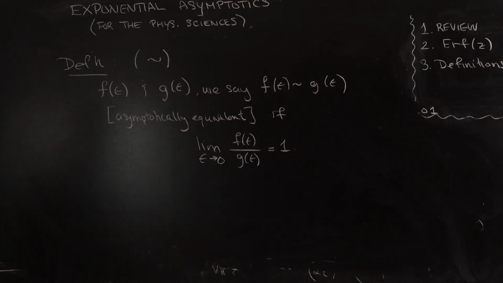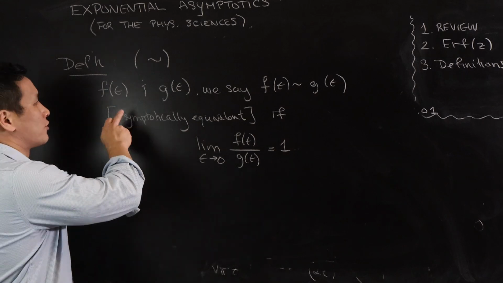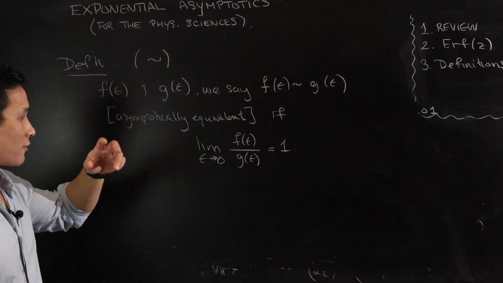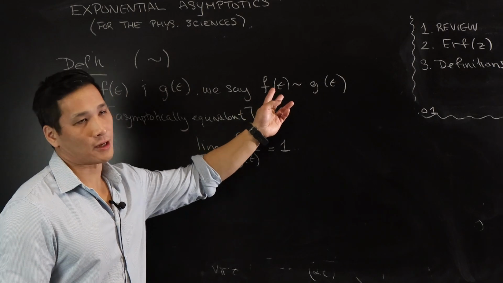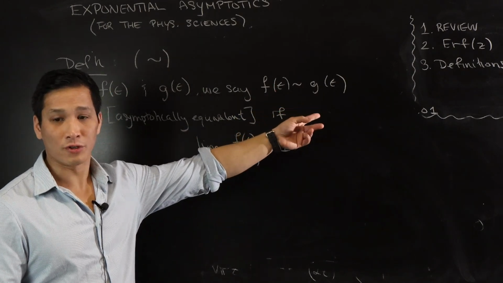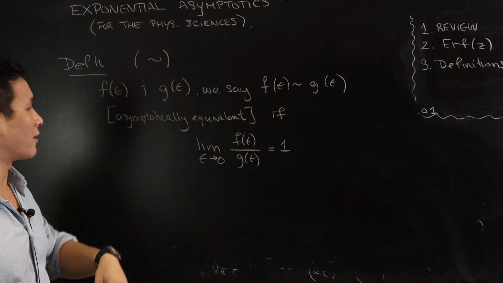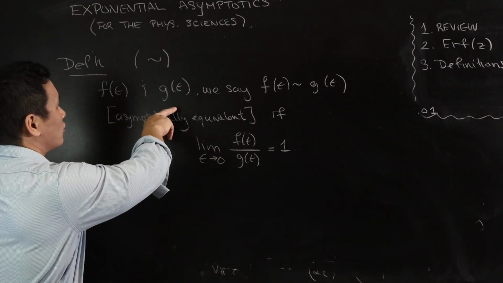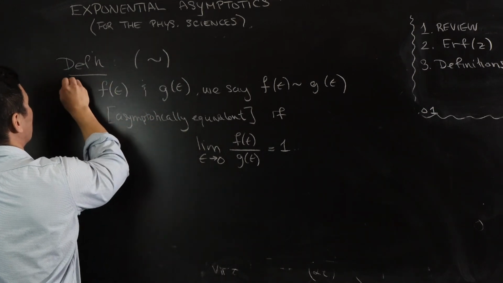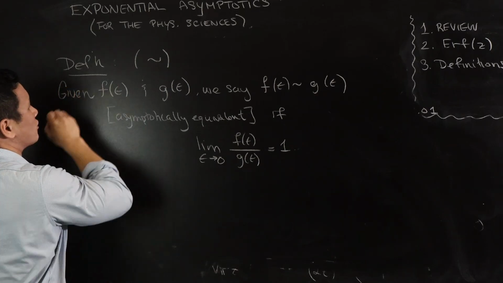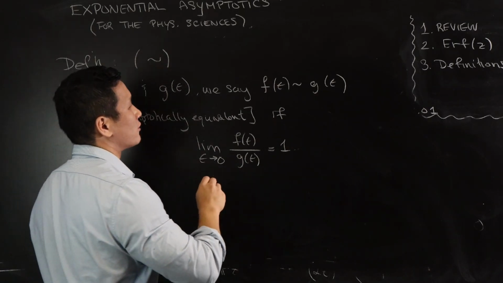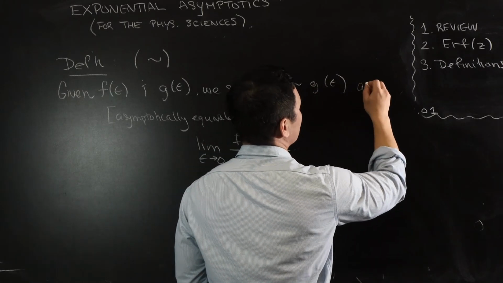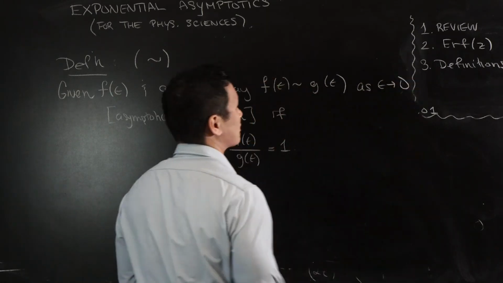Okay, so it's a bit unusual to make these definitions as a function of epsilon. Usually if you're being taught this subject for the first time, you'll say f of x twiddles g of x in the limit that x tends to 0. So sorry, let me just read this over again. Given functions f and g, we say that f of epsilon twiddles g of epsilon as epsilon goes to 0. You always have to specify the limit.